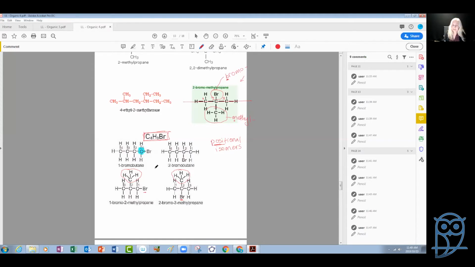They all have the same number of carbons, hydrogens and bromine, but here one of the carbons with its hydrogens has become a side branch to the chain. So these are also isomers. All 4 of them are isomers.